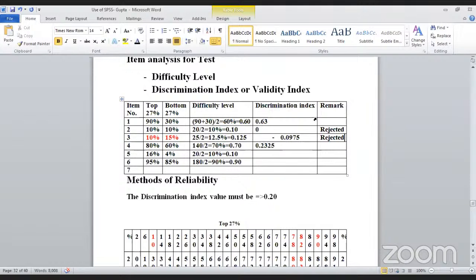So that means it is not a very difficult item. So you say it is accepted. So this item is selected. Now this item is very easy because 70% of the people are giving the correct answer, and here discrimination is 0.23, so you may select it.